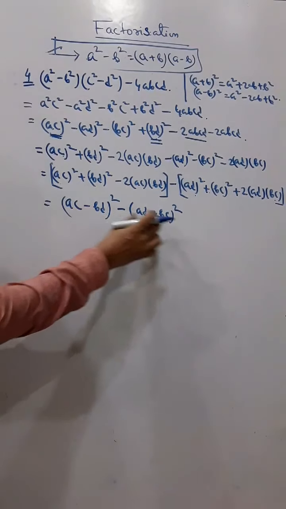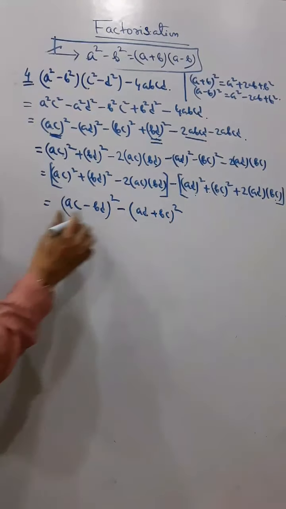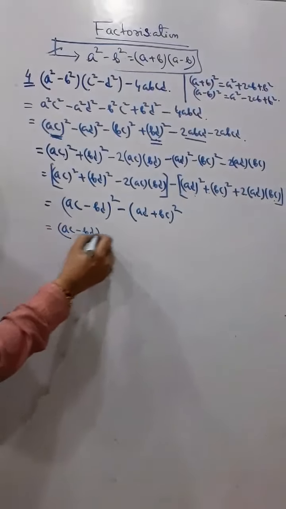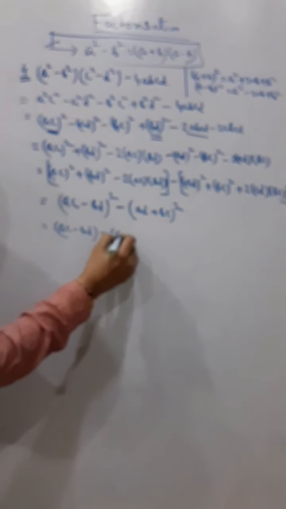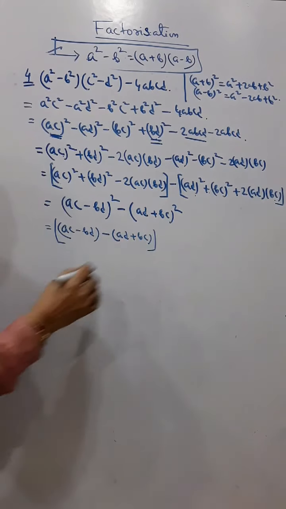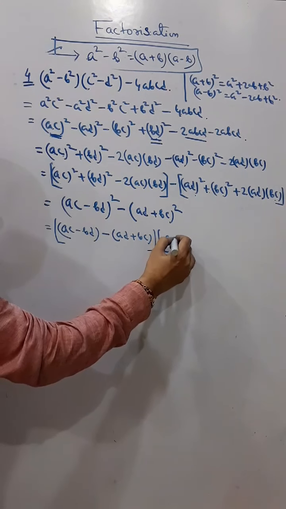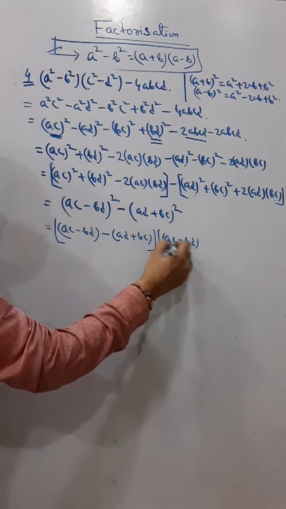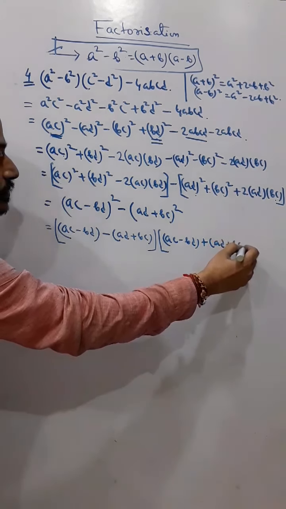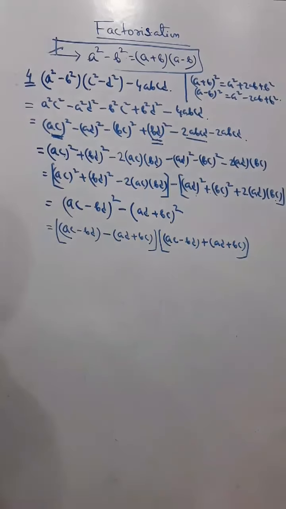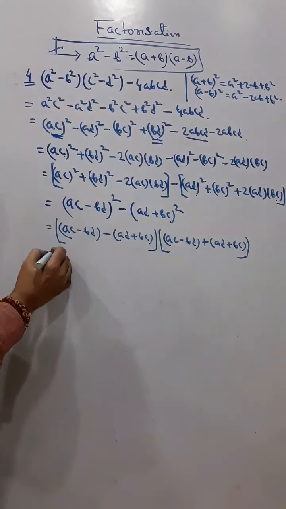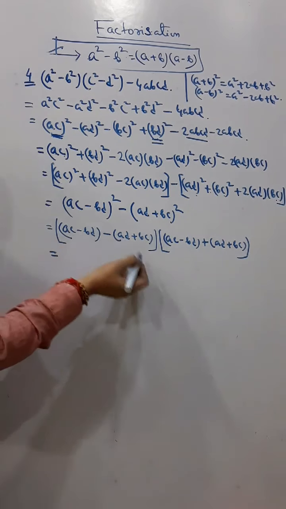So now A minus B and A plus B. So use bracket initially, A minus B, and then A plus B. So I get A minus B and A plus B. And then we'll open the bracket.